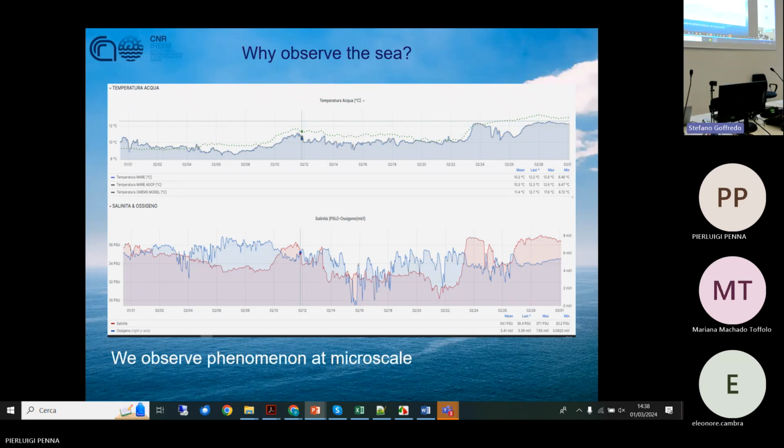Up there is the temperature, dot the model. Salinity is about 32 PSU. What happened to oxygen? On the right there is the scale of oxygen concentration. What happened near the end of February?